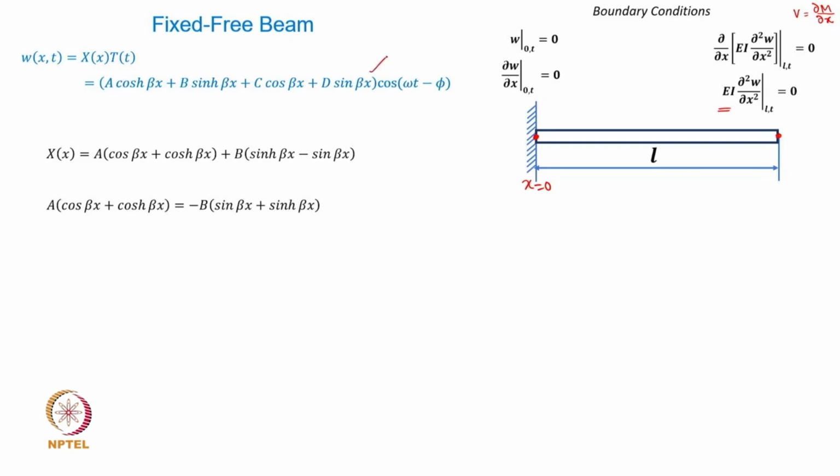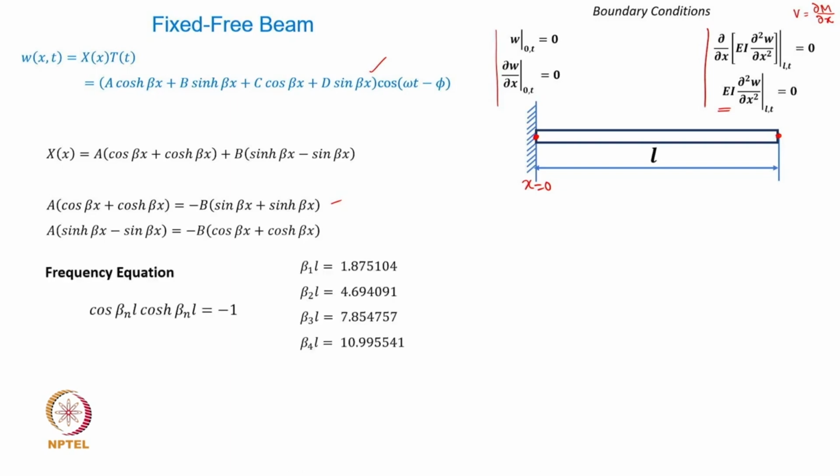And from here, when you apply these four boundary conditions, you get this as one of the equations, from two of the four boundary conditions, and the other set will give you the second equation. And then when you divide the first one by the second one and cross multiply, this is the frequency equation that you are expected to get.